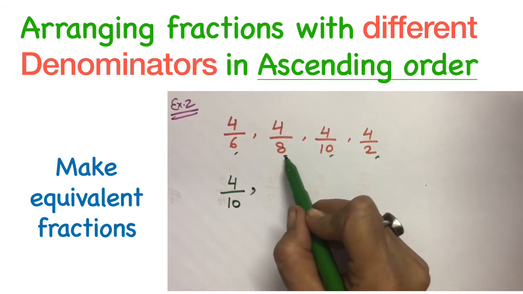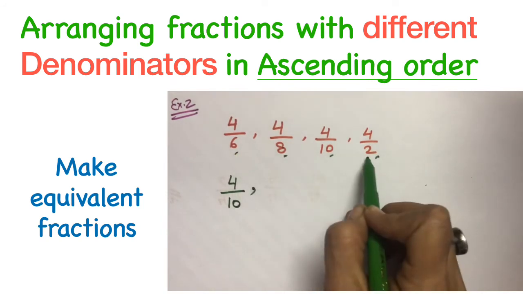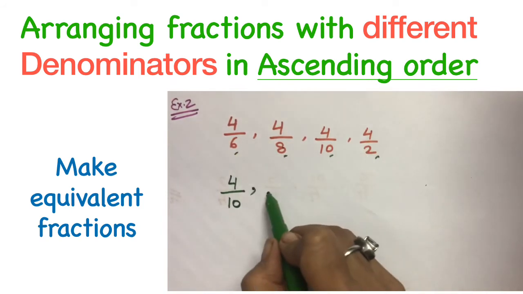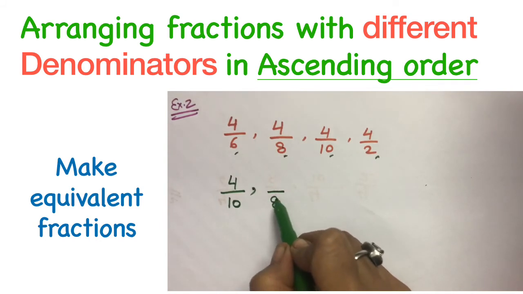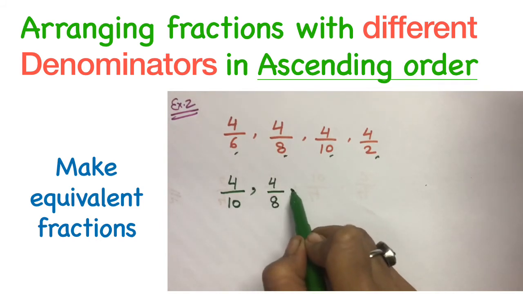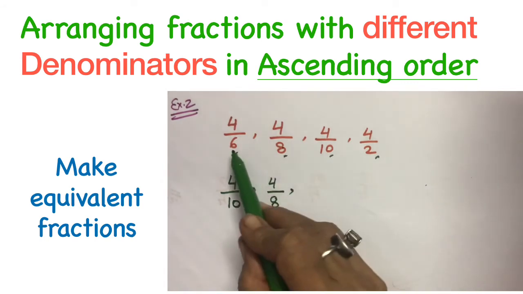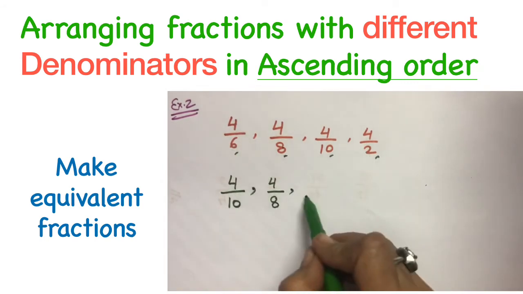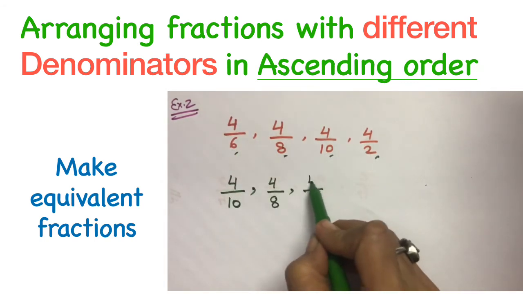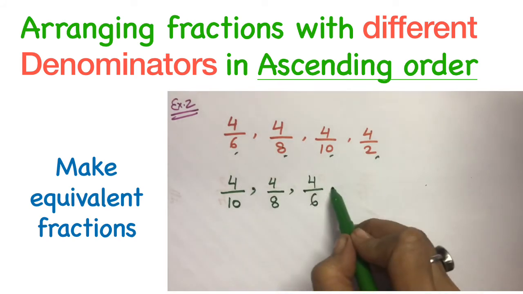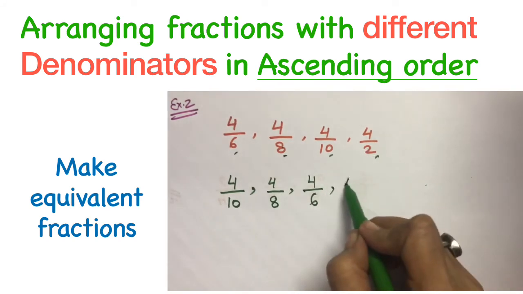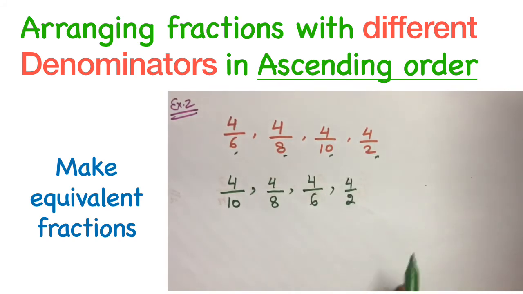Next, we have 6, 8 and 2. 8 is bigger number. So we will write 4 upon 8 next. Next will come 6. So 4 upon 6. And last will be 4 upon 2.